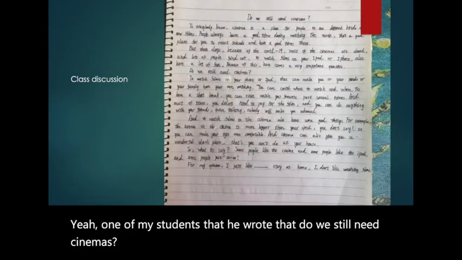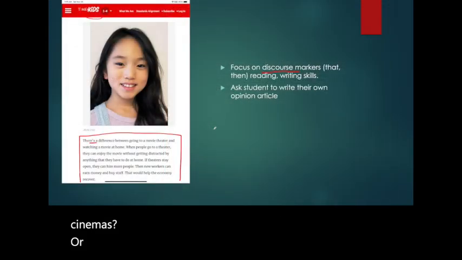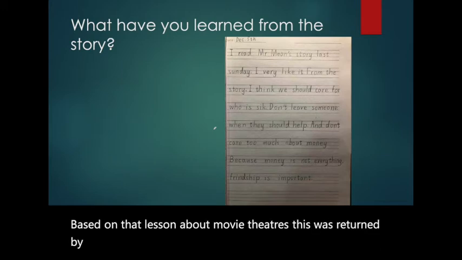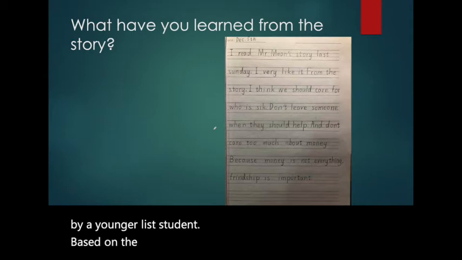Based on that lesson about movie theaters. This one was written by a younger student, based on the Little Miss Sunshine story. And yeah, she wrote that.